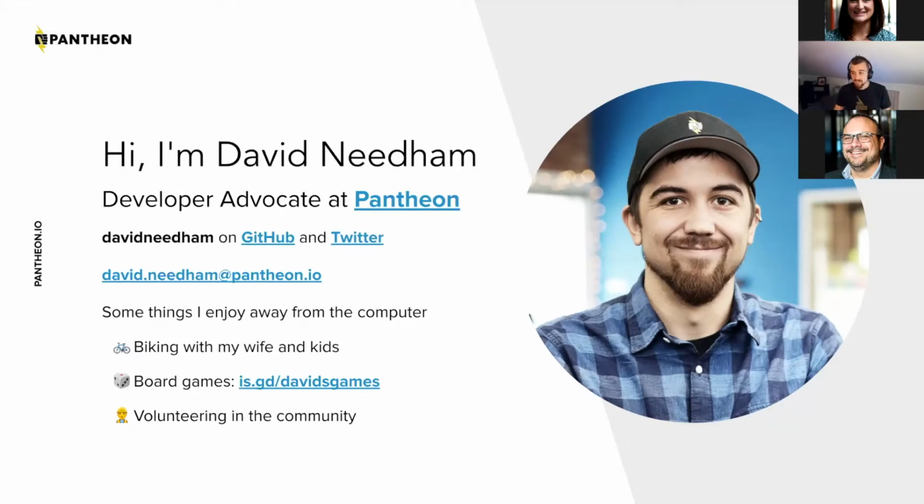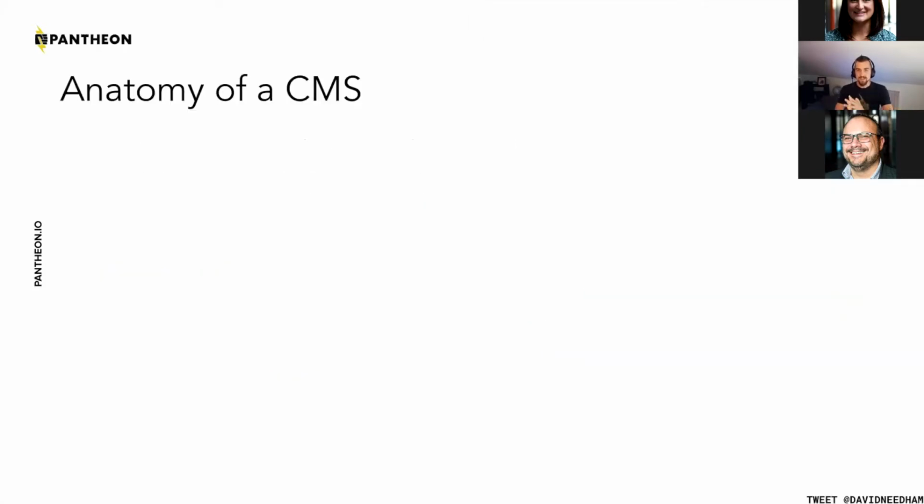In fact, to start at the absolute most basic, let's start by talking about the anatomy of a content management system. Now, we're going to be using Drupal today, of course, because we're talking about Drupal's configuration management. However, this anatomy is descriptive of WordPress or Joomla or other content management systems out there that you've already used.